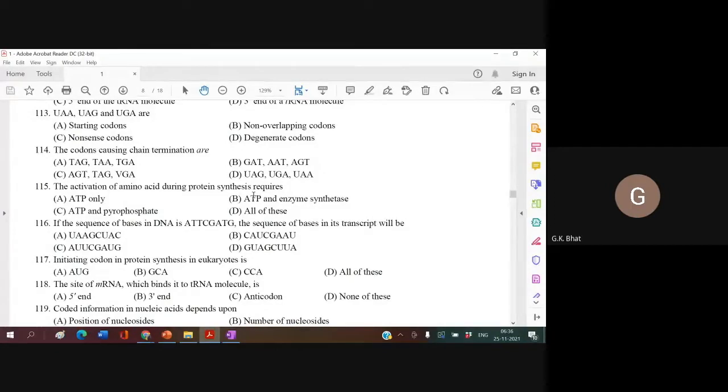114. D. Please note down there, these UAG, UGA, UAA are called by a certain name. UAG is also called amber codon, AMBER. UGA is called OPAL. And UAA is called OCHRE.